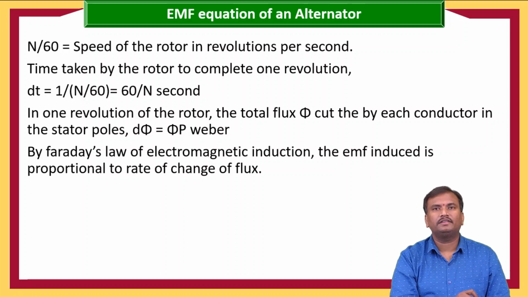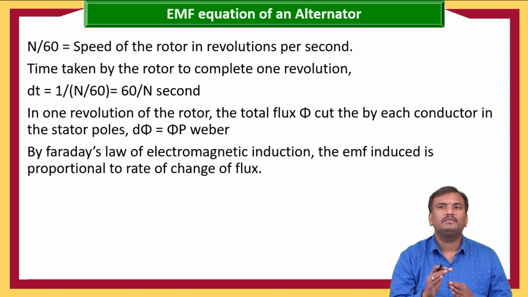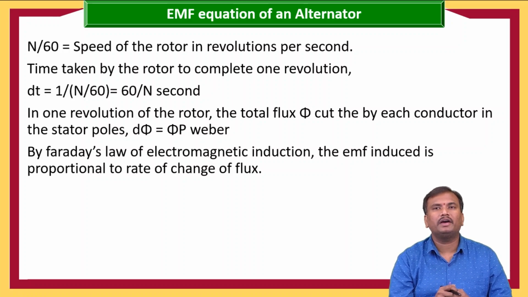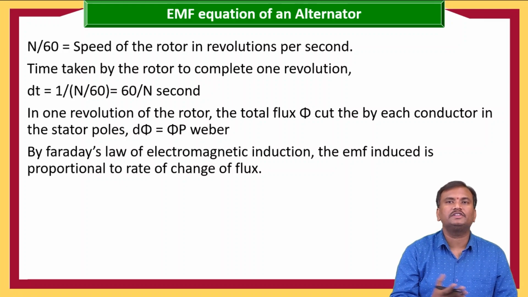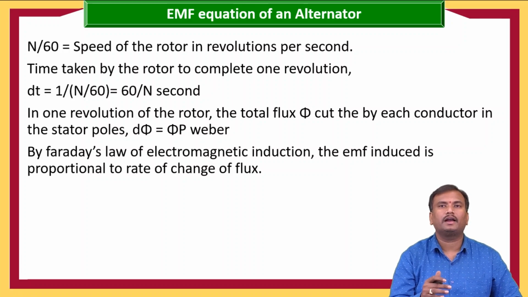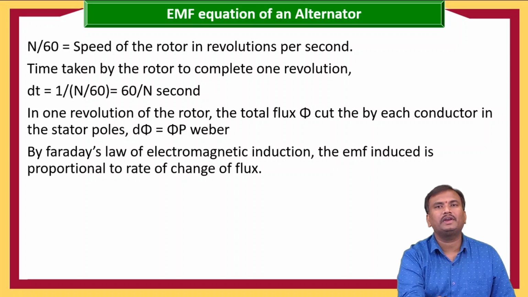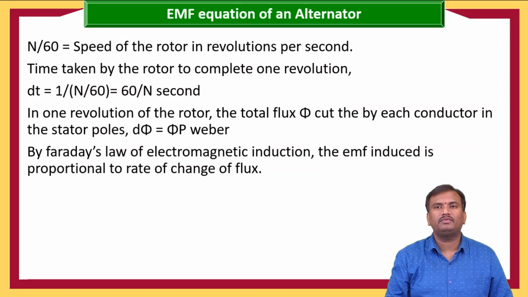poles, which is in one complete revolution, phi is the flux which is going to be cut by each conductor, and P is the number of poles. In one revolution, P number of poles are going to be cut. So d phi is equals to phi into P. By Faraday's laws of electromagnetic induction, EMF induced is proportional to rate of change of flux.